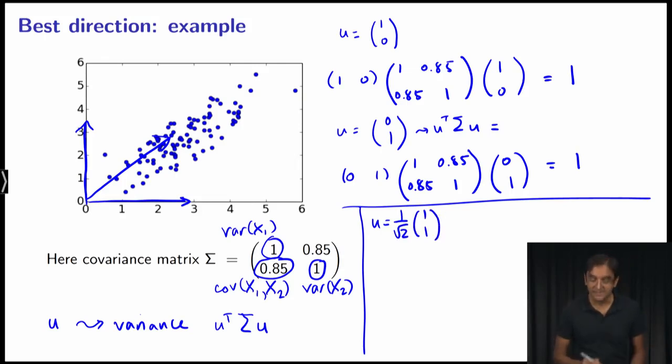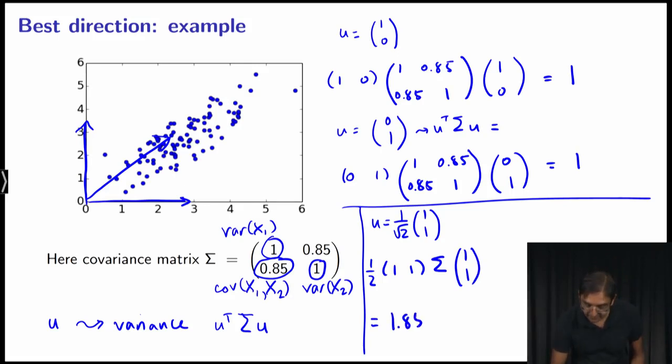What is the variance in that direction? It's u transpose sigma u, which is, let's pull the square root 2's out front, so we get a half, (1, 1), sigma, (1, 1). And that is just the sum of the entries of sigma divided by 2, which is 1.85.